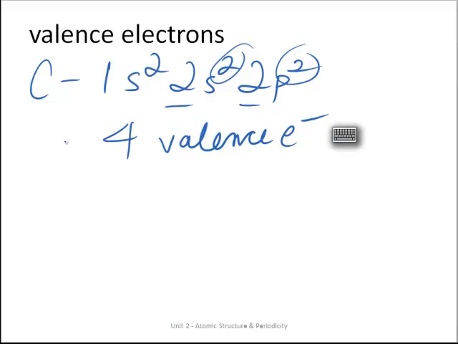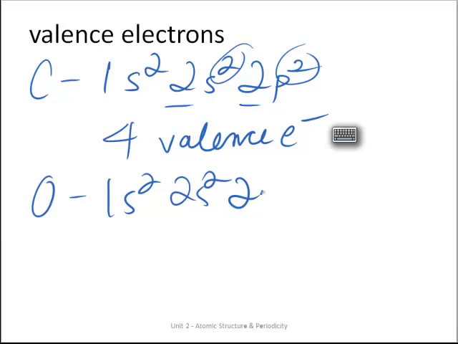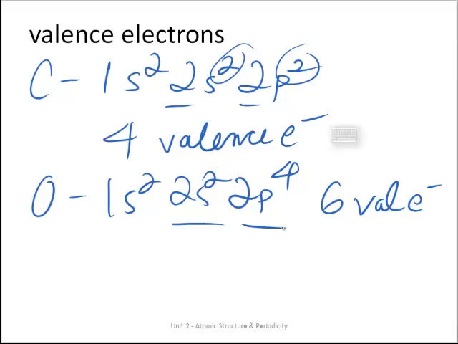Okay. What about something like oxygen? Oxygen is 1s2, 2s2, 2p4. So oxygen has 6 valence electrons, 2s2 and 2p4. What about argon?